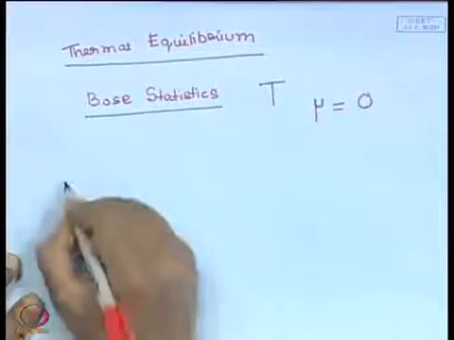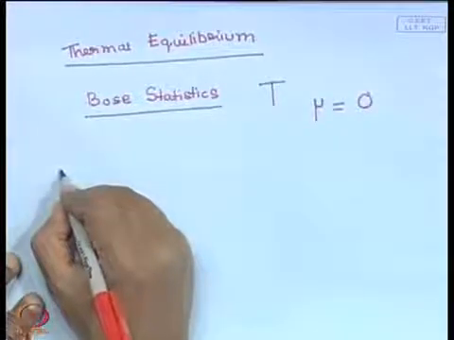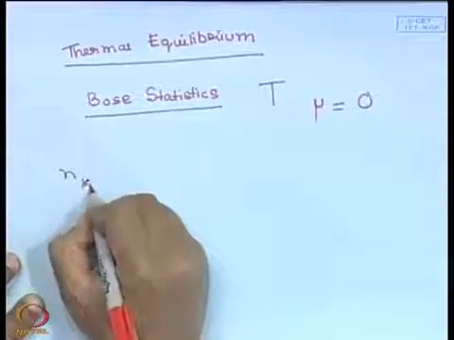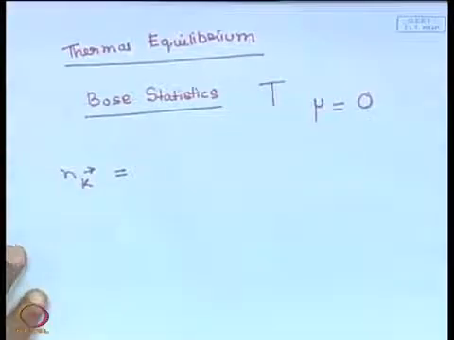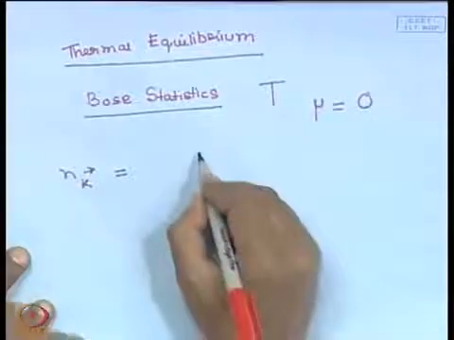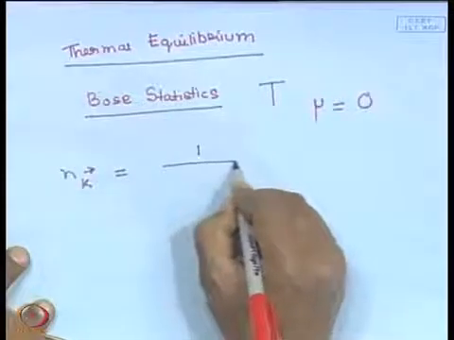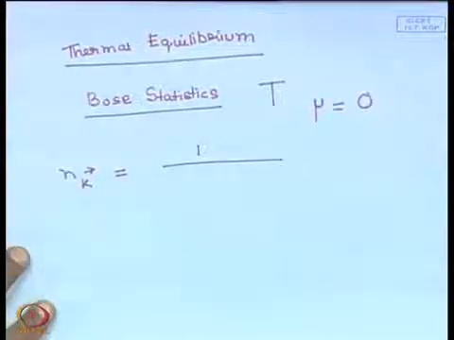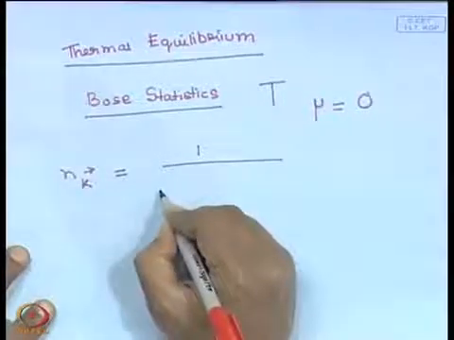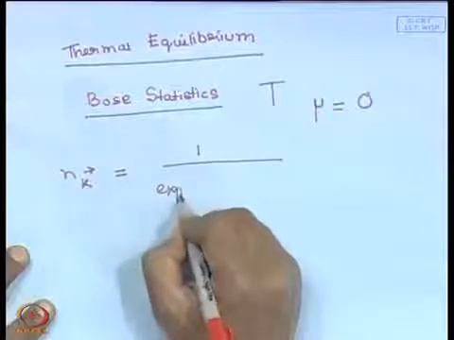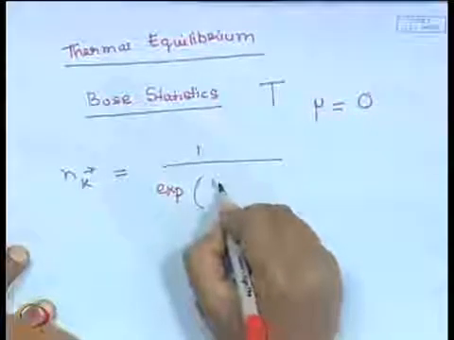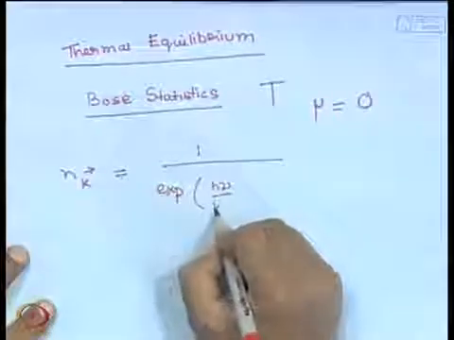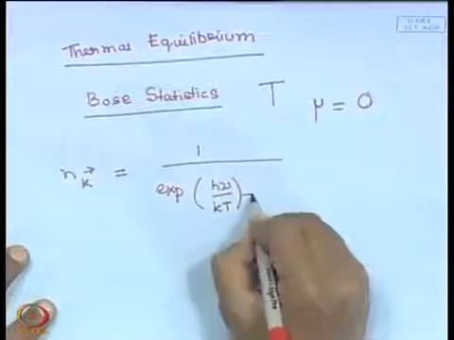and then you can straight away write down the occupation number. In thermal equilibrium, this is isotropic and it is a Bose distribution with 0 chemical potential. So, it is 1 by exponential of the energy by kT, and the energy we know is h nu, so h nu by kT, minus 1.